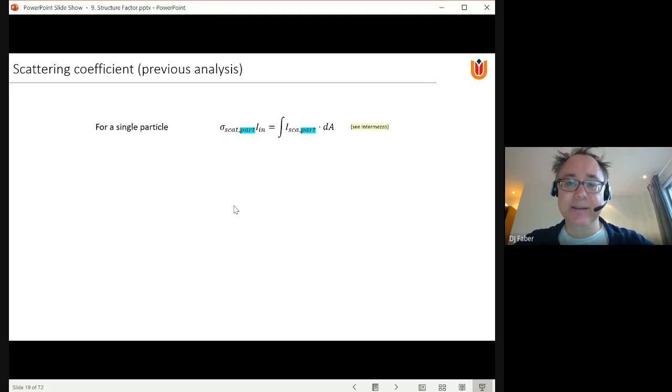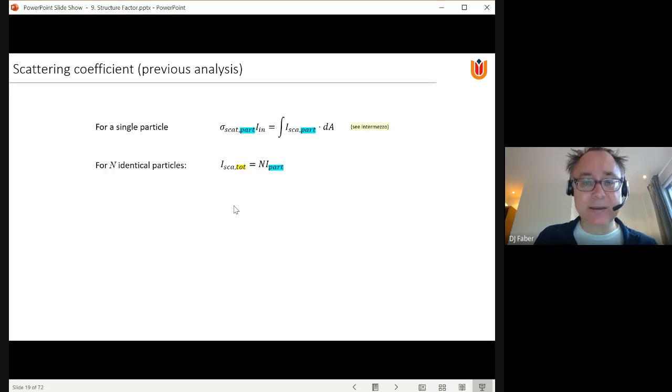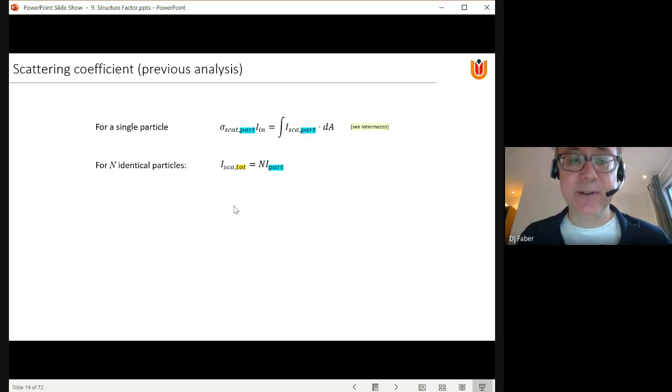We can calculate the scattered power by putting the particle at the center of a hypothetical sphere, getting an expression for the scattered intensity from that particle, and then integrating. If we integrate that scattered intensity over the area of that sphere, then we also calculate the scattered power. So by equating these two, we can solve for the scattering cross-section of the single particle.